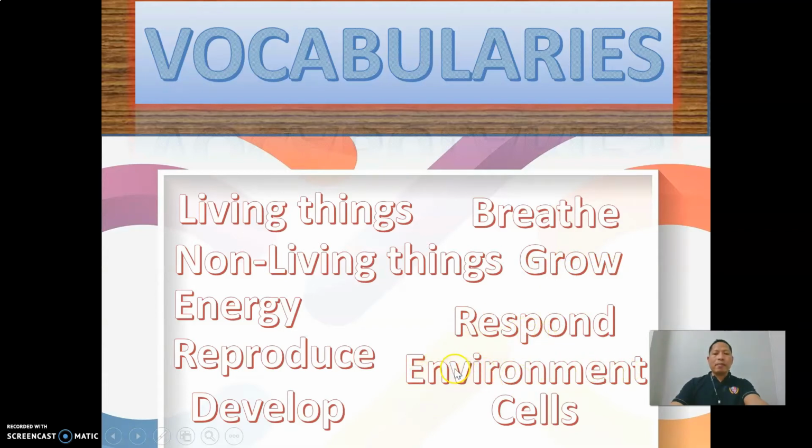Environment. Cells. Okay. Living things, 1, 2, 3, go. Living things. Non-living things. Energy. Reproduce. Develop. Breathe. Grow. Respond. Environment. And last, cells. Okay, these are the vocabularies we are going to learn.